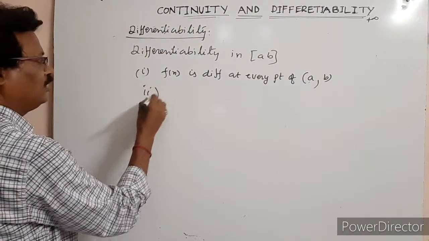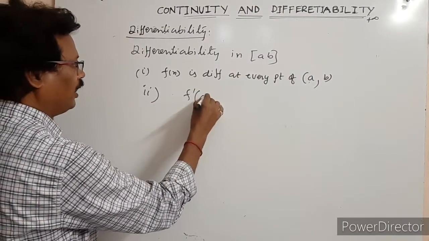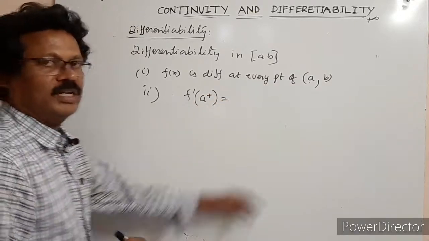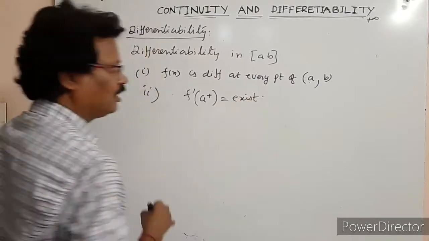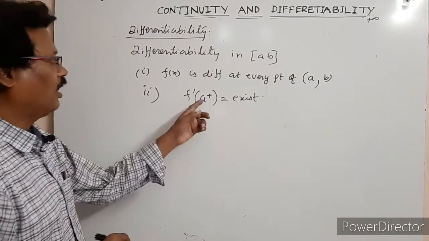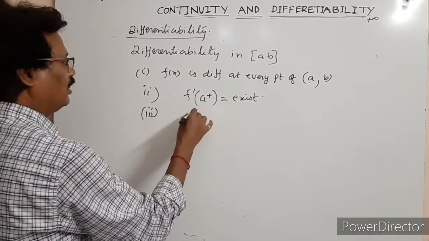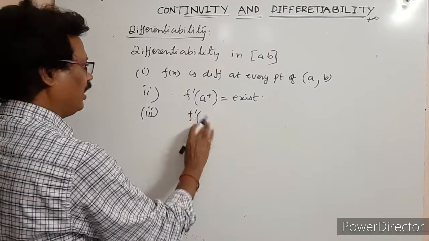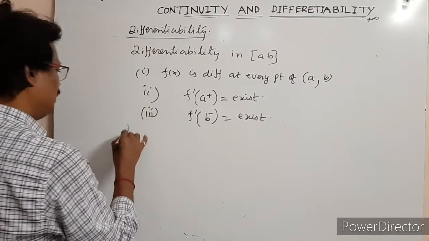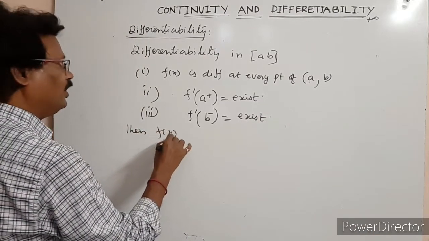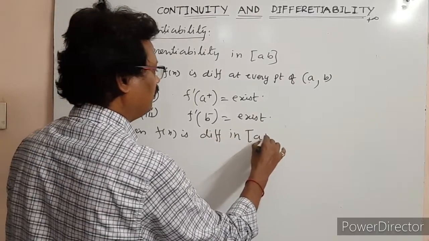The second point, f'(a+) exists, that is the right derivative at x equal to a exists. And the third one, f'(b−) exists. Then f(x) is differentiable in the closed interval [a, b].